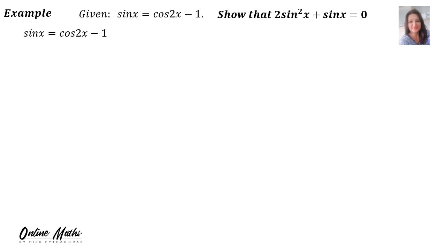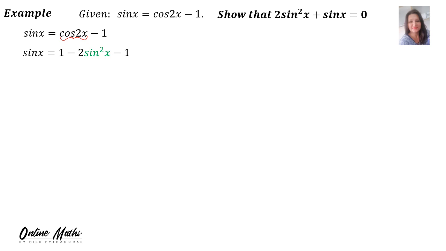And then you find a double angle for cos 2x. I look at the rest of the sum and I see everything is in terms of sin, so I'm going to use the double angle for cos, 1 minus 2 sin squared x, minus 1.